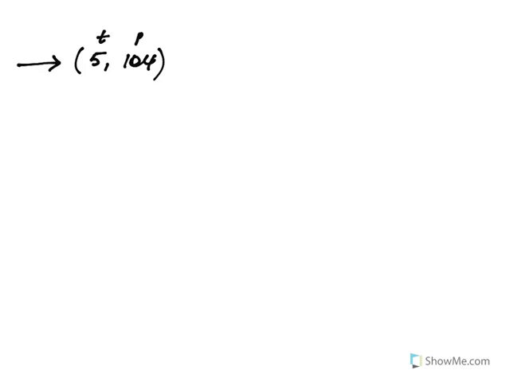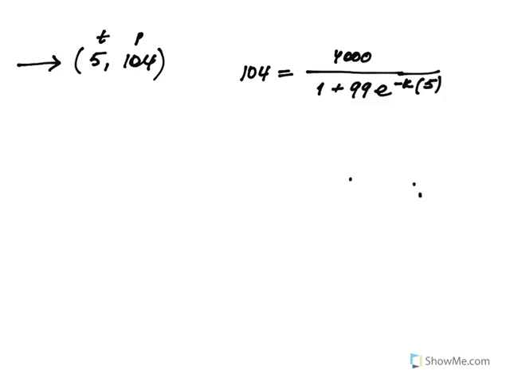So therefore, we get a new equation: 104, that's P, equals 4,000, that's your carrying capacity, over 1 plus 99, we found that b, e to the power of negative k, we have no idea what that is, and we're looking for that k value, times t, and t is 5. So now let's solve this equation for k.